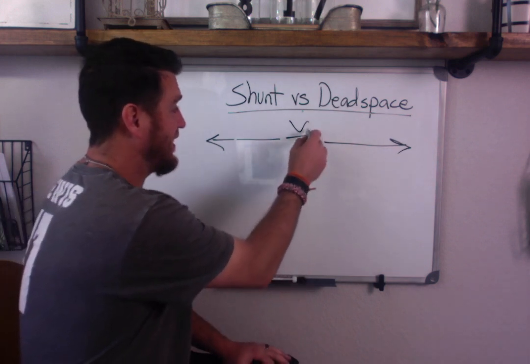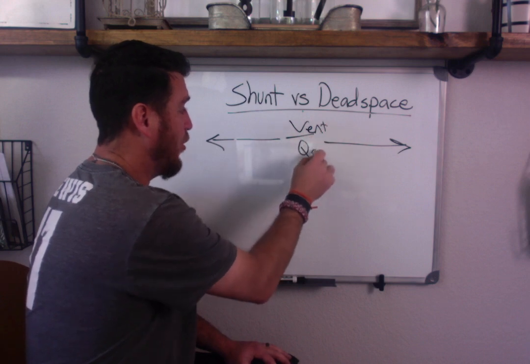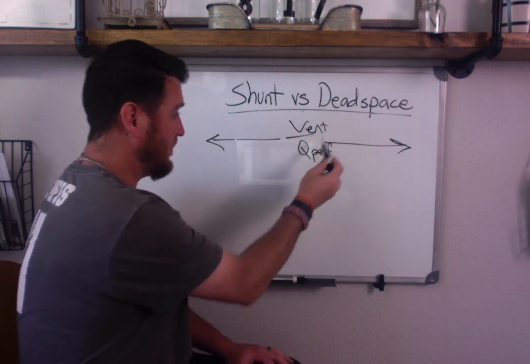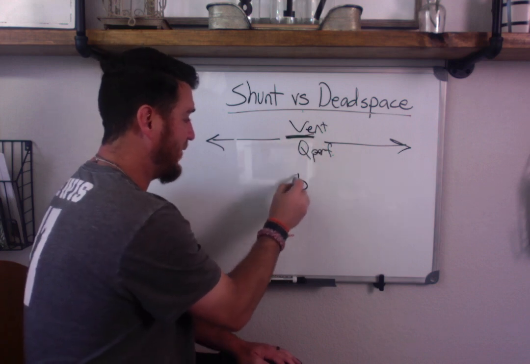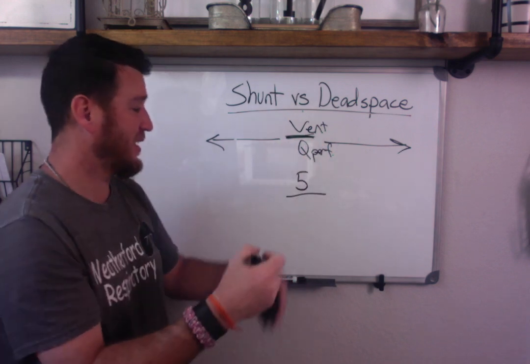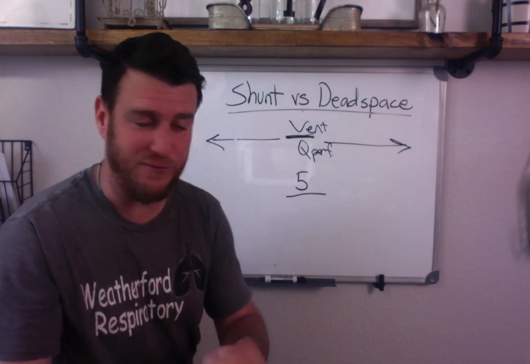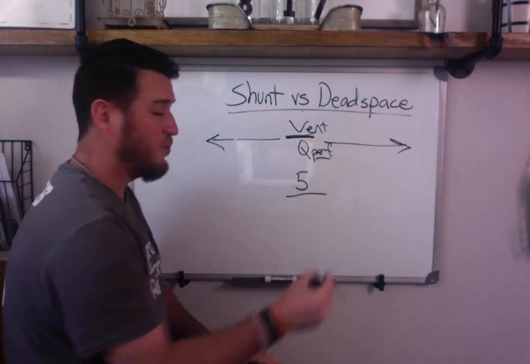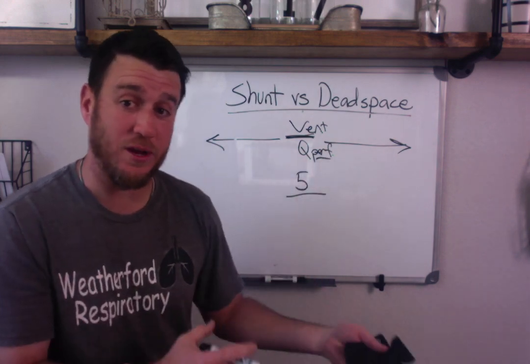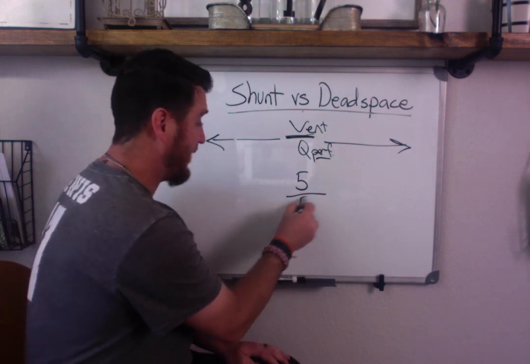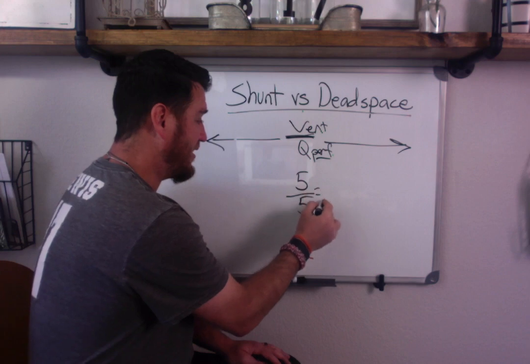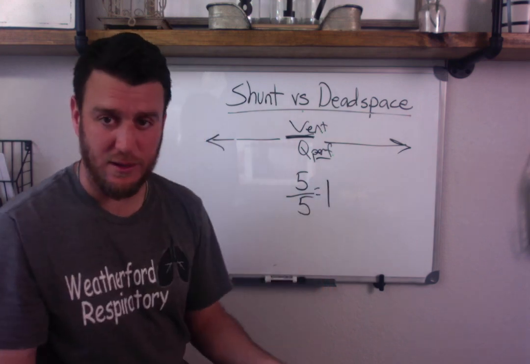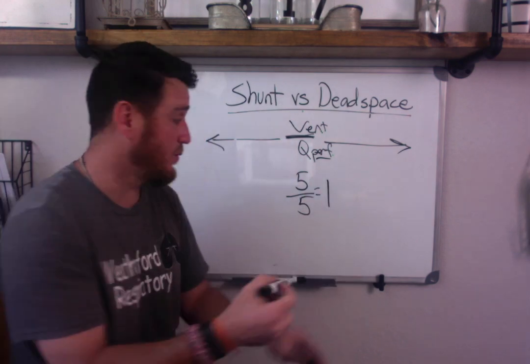So when you think about ventilation over perfusion, we know normal minute ventilation is 5 to 7, but let's just go with 5 because I'm going to make the math easy for you. When we talk about perfusion, we know normal cardiac output is 4 to 8 liters per minute, and I'm just going to go with 5. And that gives us a VQ ratio of 1. So 5 over 5 equals 1.